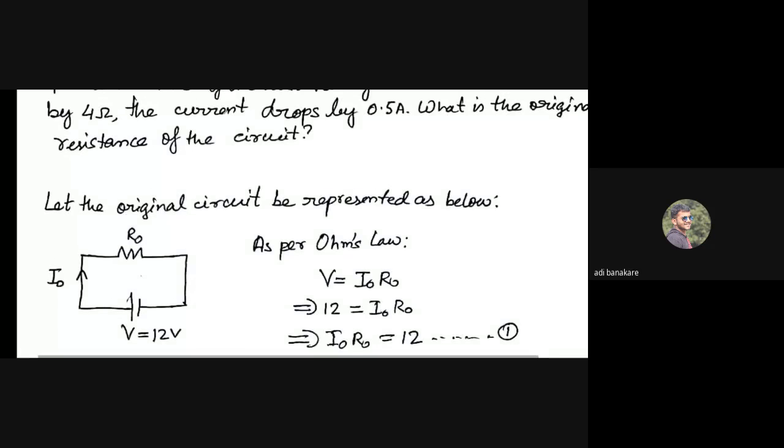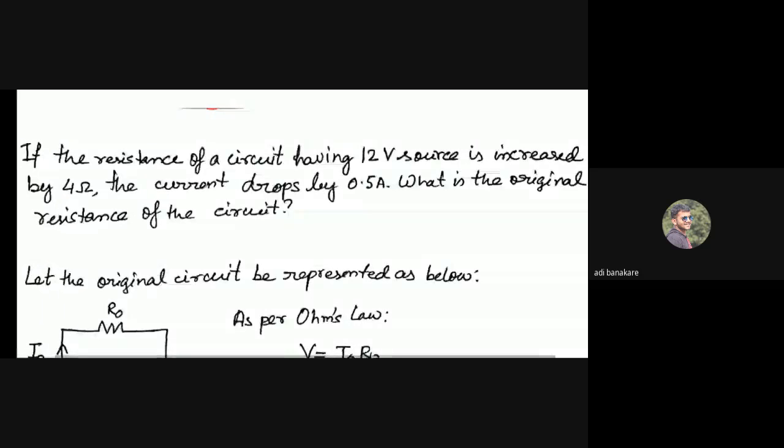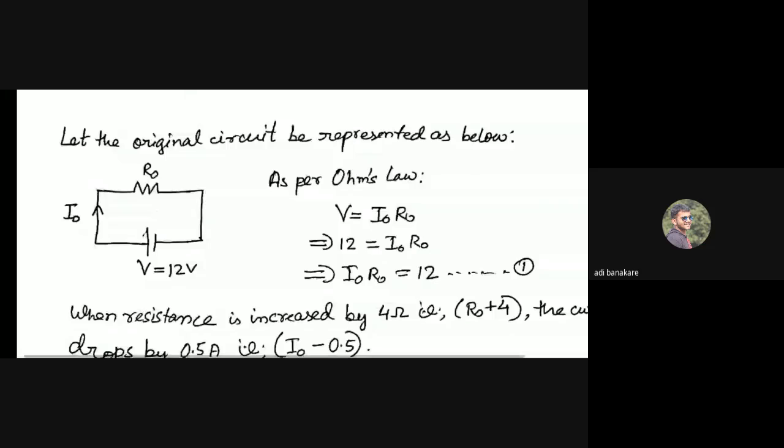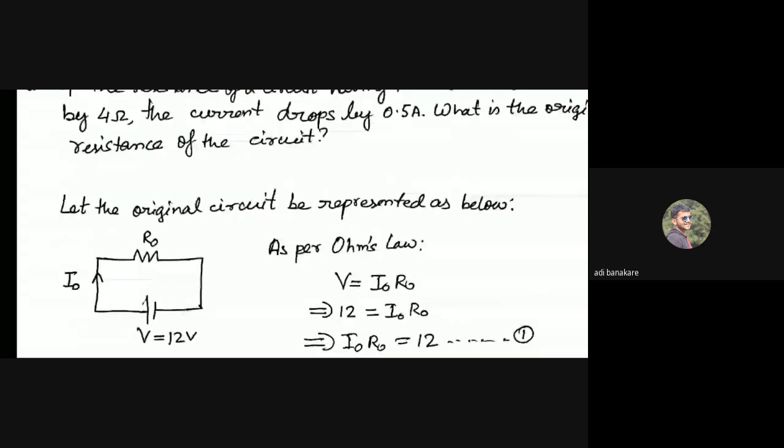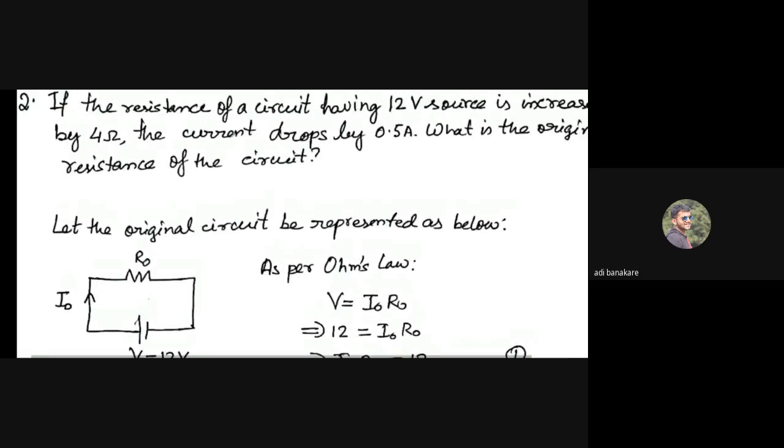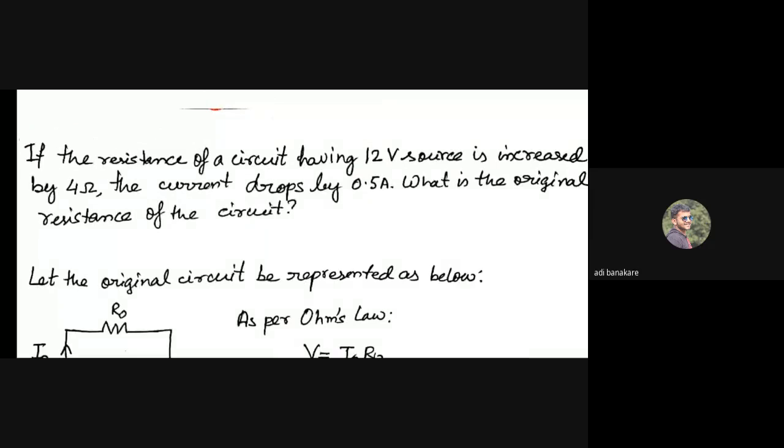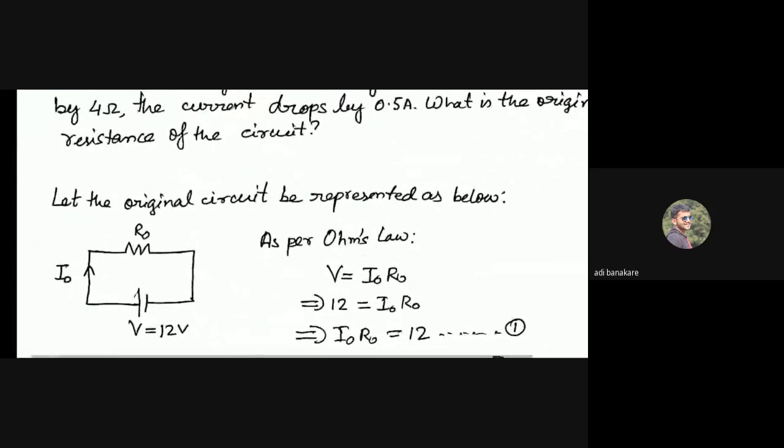Now in this original circuit, we will apply the first statement. It is said that resistance is increased by 4 ohm. So R naught will become R naught plus 4 ohm, and the current I naught will decrease by 0.5 ampere, as told in the problem statement. The original circuit gives I naught R naught equals 12, marked as equation 1.